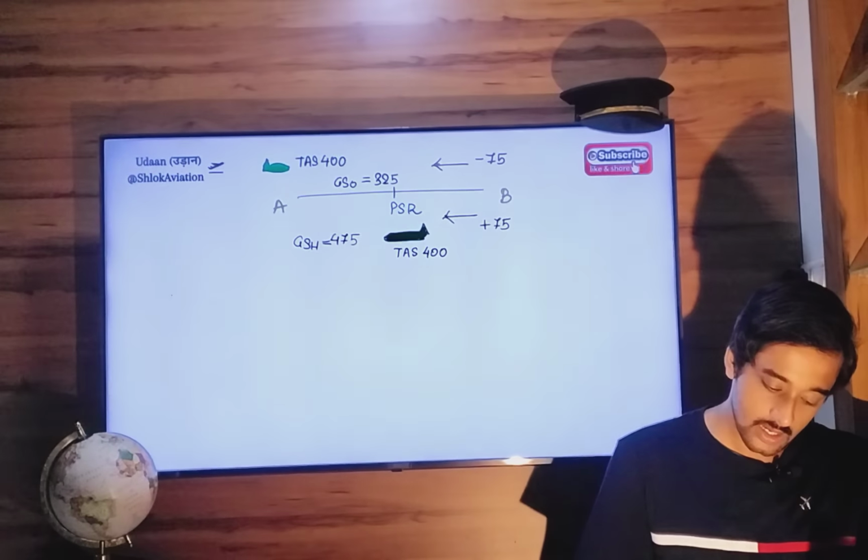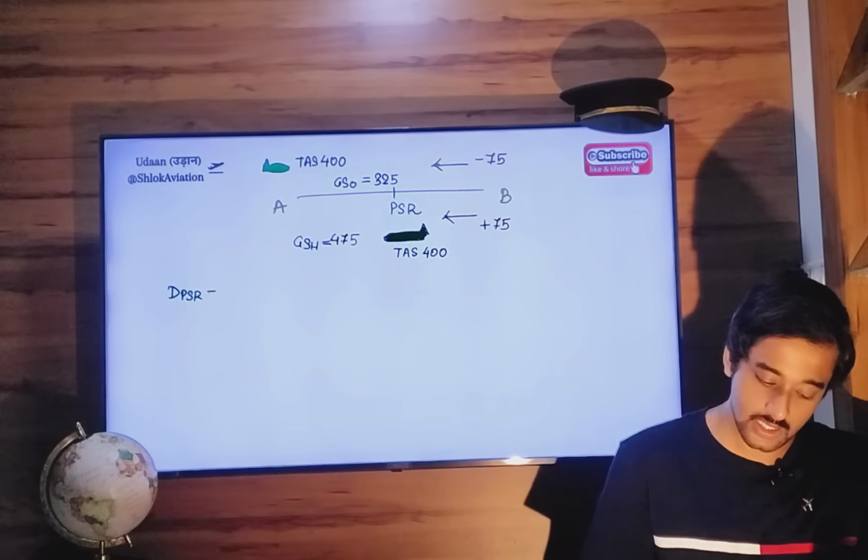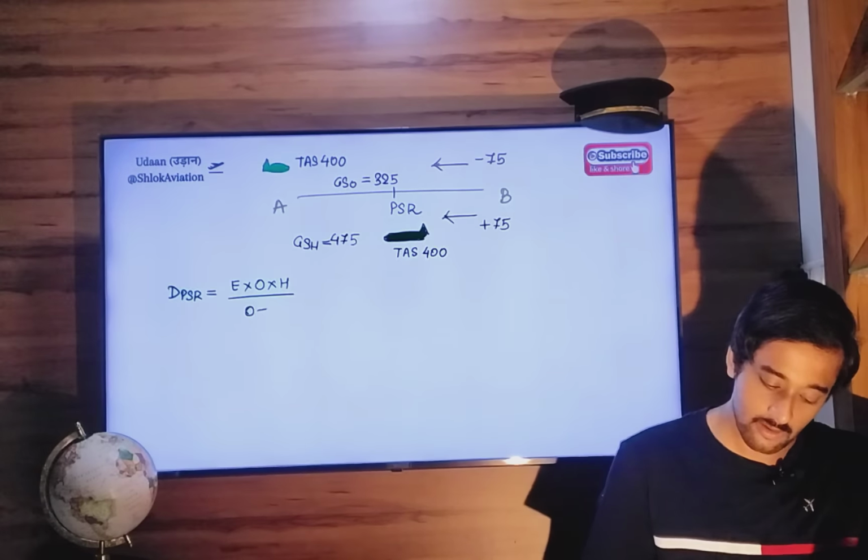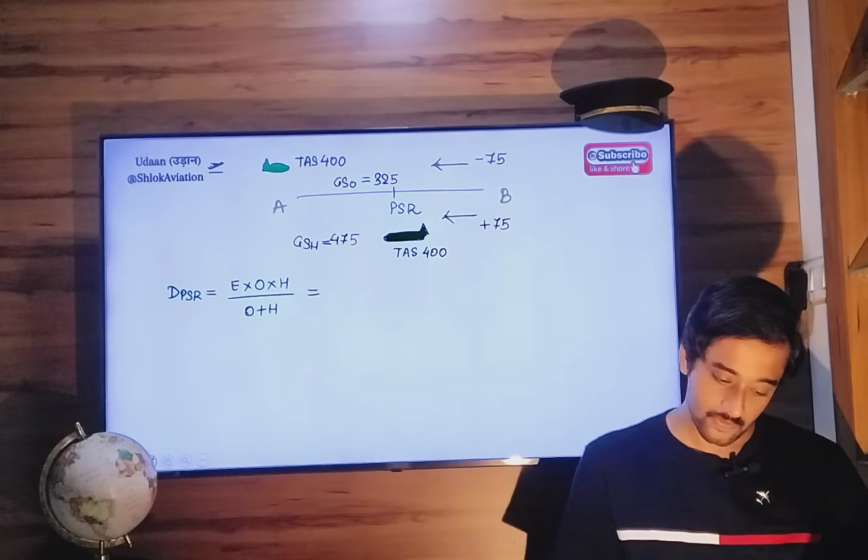Next, distance to point of safe return is endurance into outbound into homebound divided by outbound plus homebound.